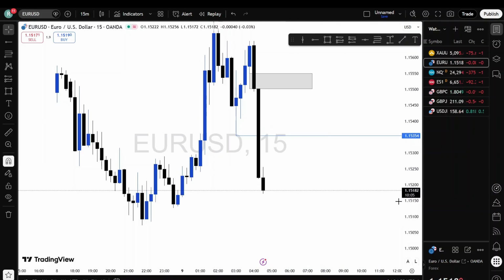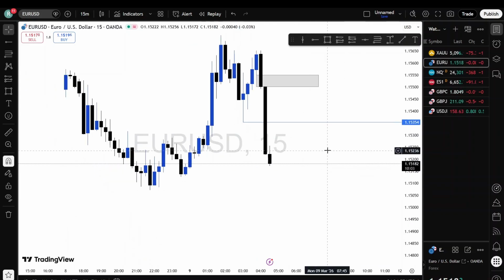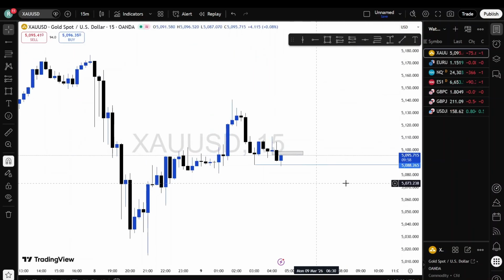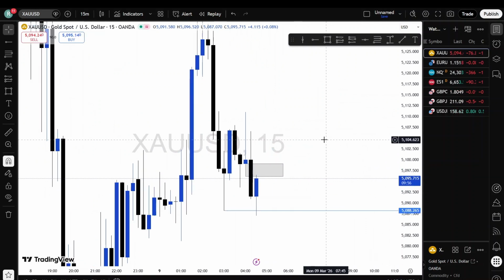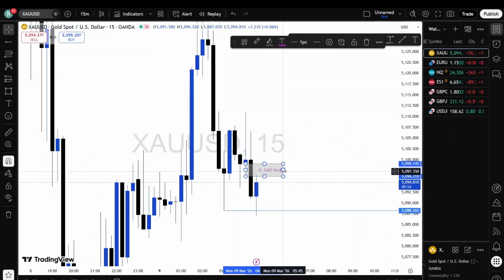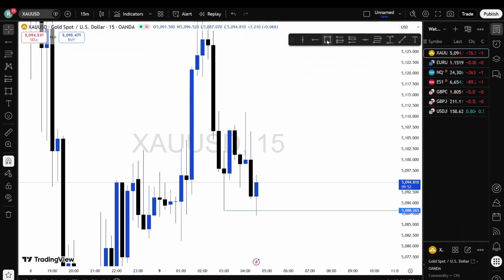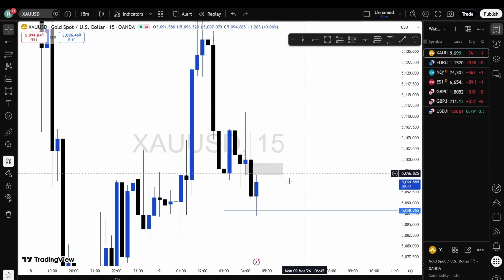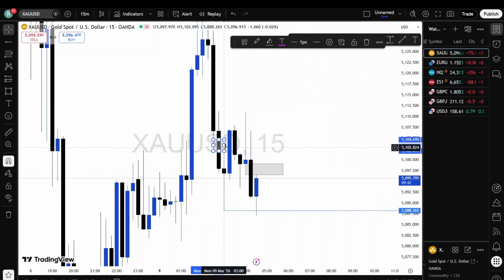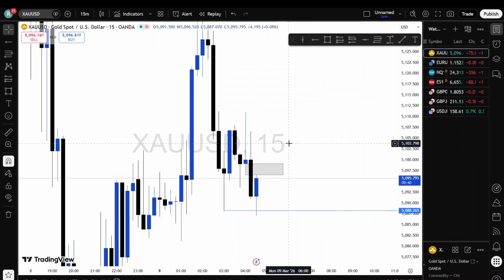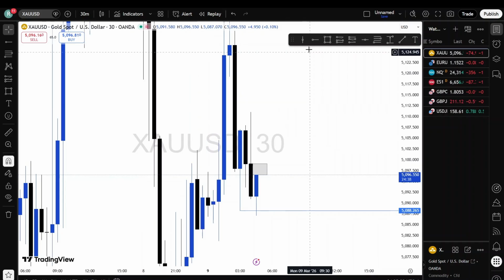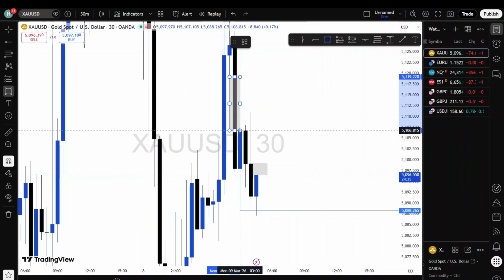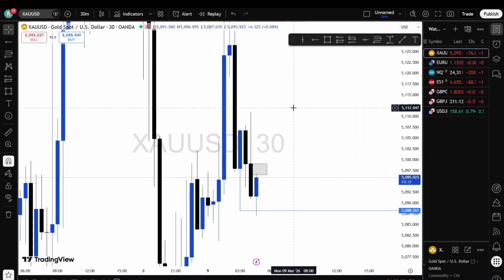But I don't believe in scalping trades, so I don't take those trades. Okay, now if you see this huge rejection, 15 minutes is giving a rejection after giving the TP, because the TP was of this 15 minutes FVG and 30 minutes FVG, right?